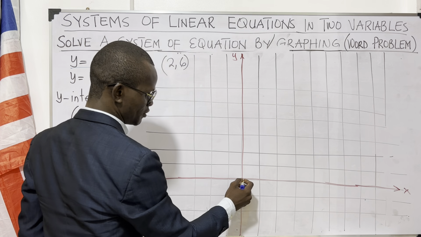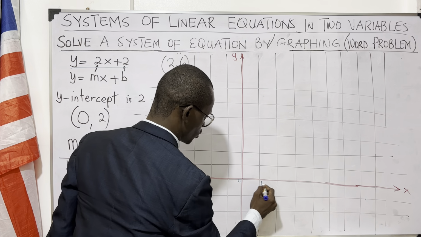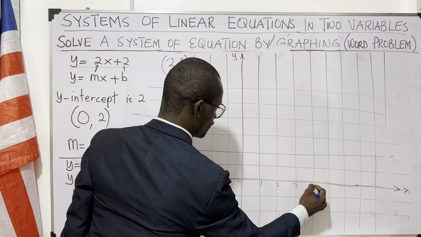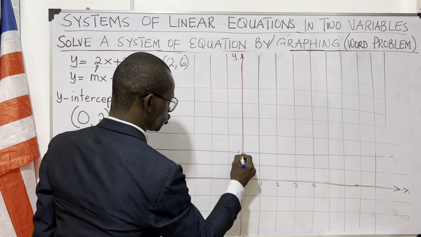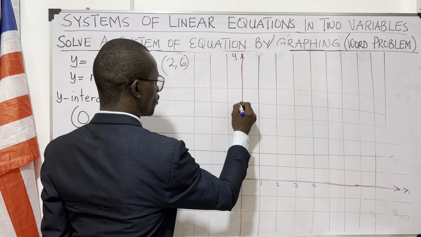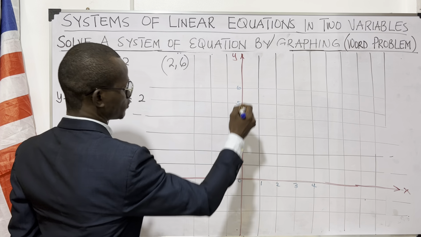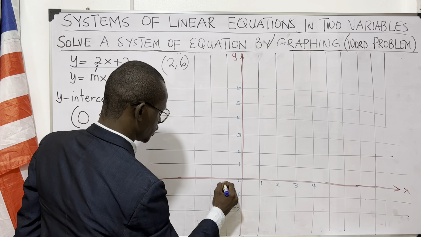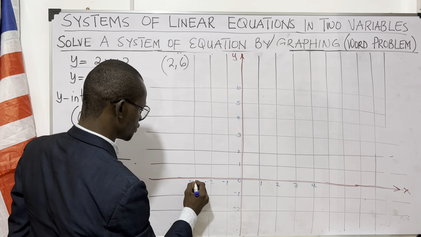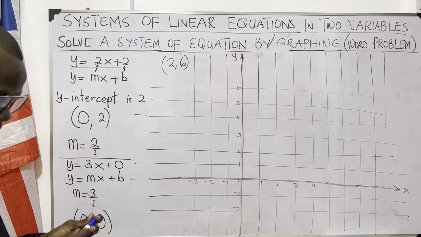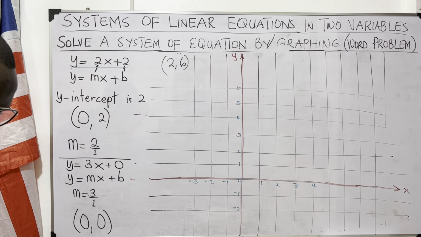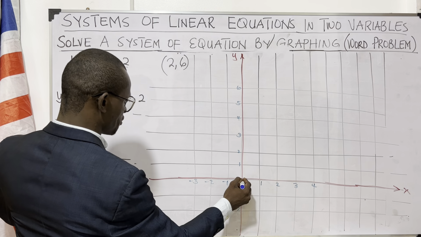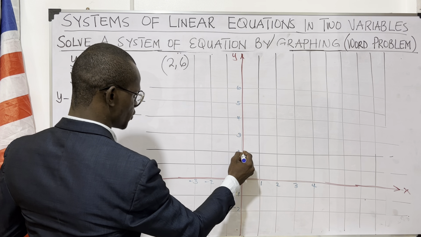Now this is 0, this is 1, 2, 3, 4, 5, 6, and this is -1, -2, and so forth. When x is 0, y is 2. So we move 2 units up there.